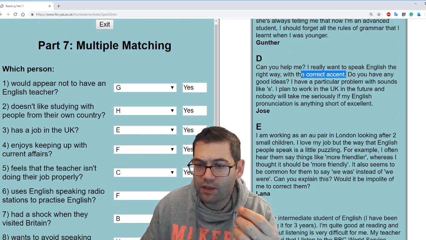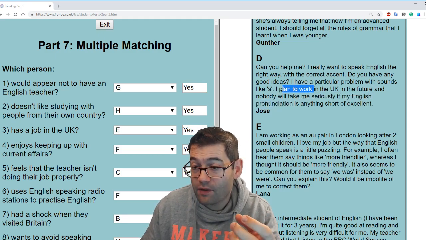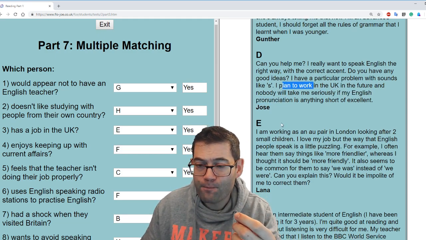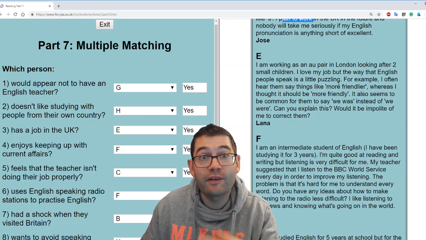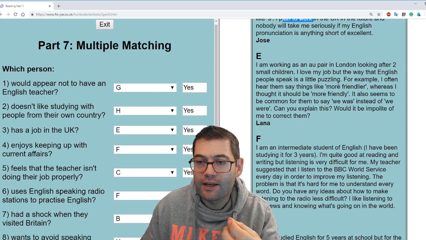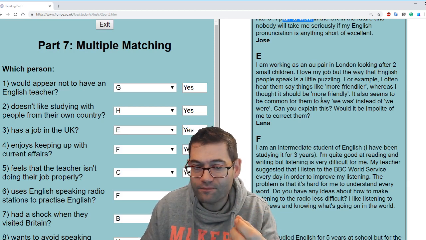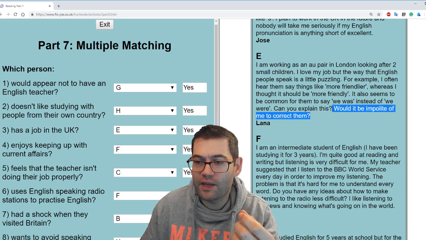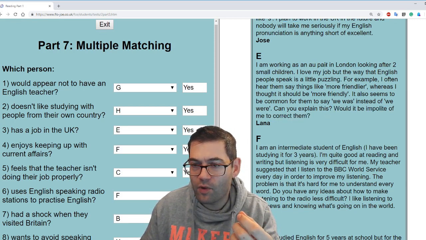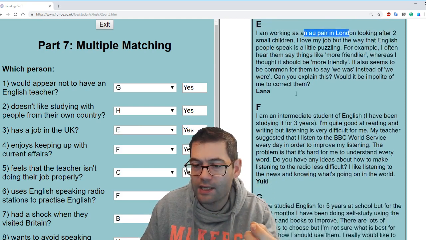He really wants to work on the correct accent, concentrates on his pronunciation and perhaps even plans to work in the UK. For E, a person working as an au pair in London feels that she should be correcting the people she's working with. So, would it be impolite of me to correct them, perhaps? Her job as an au pair in London might be important, so you could highlight that.